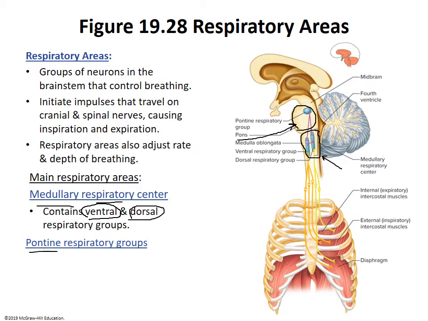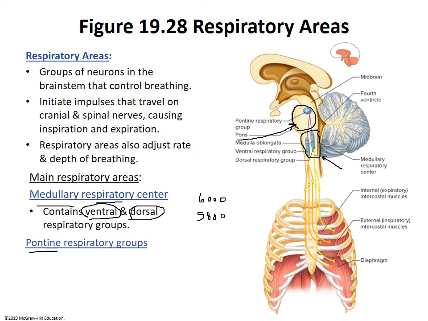Now, the pontine group simply controls the upper limit of air coming into the lungs. So we talked about how total lung volume was 6,000 milliliters, but in our little picture, it doesn't get all the way up there. So we listed it at 5,800 milliliters, because if we tried to get all the way up to 6,000, we have a chance of rupturing those small little simple squamous cells.